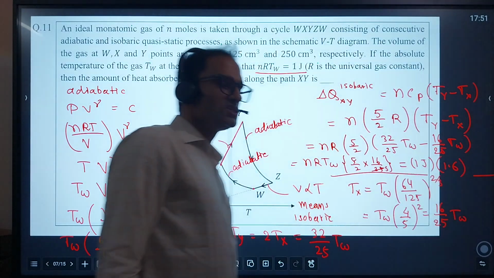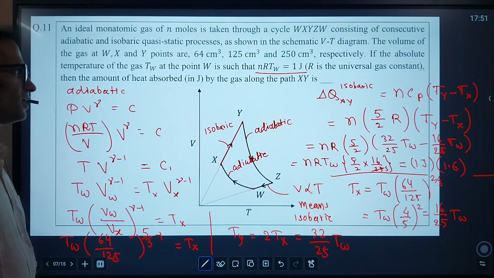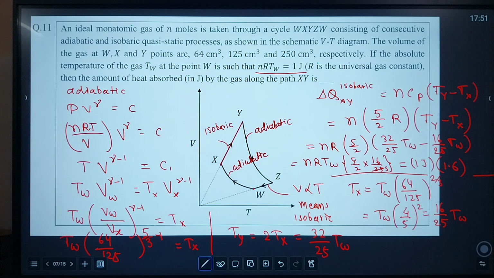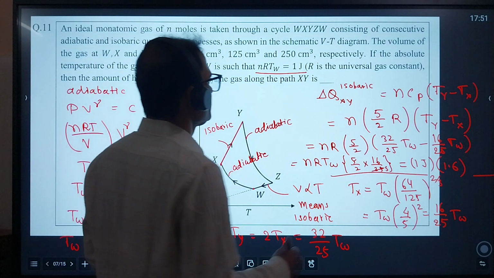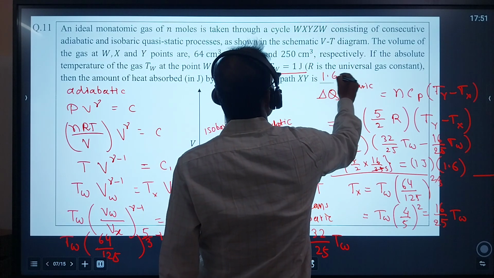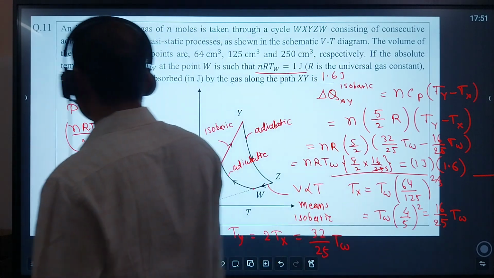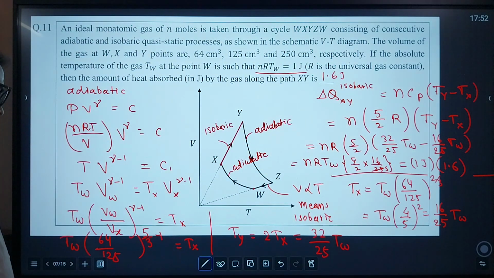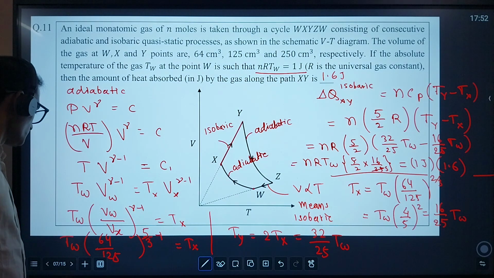So our answer is 1.6 joule. That is our answer. Now let us go to the next question.